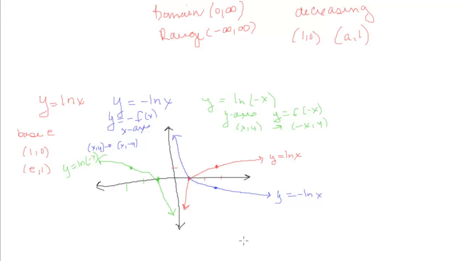Again, the range is all reals because this will go up and down forever, and the domain is just the positive real numbers. But now for natural log of negative x, again, the range is the same. This thing goes up and down forever, but we just want the negative real numbers. So this would be from negative infinity to 0, not including 0.